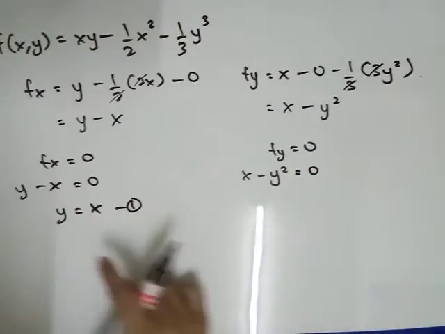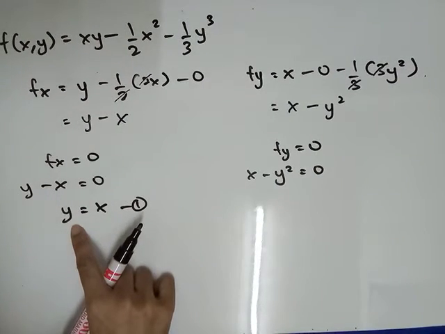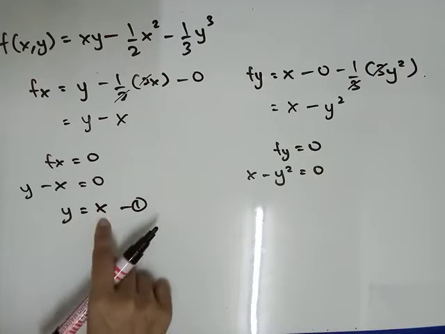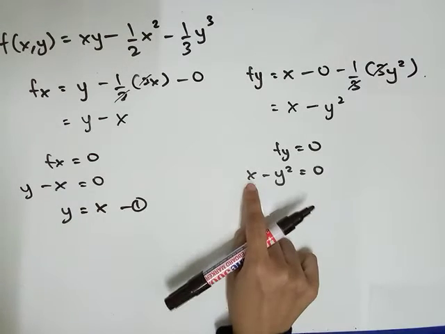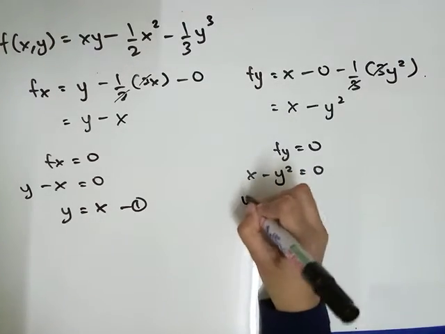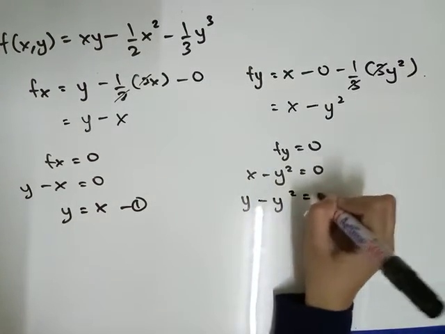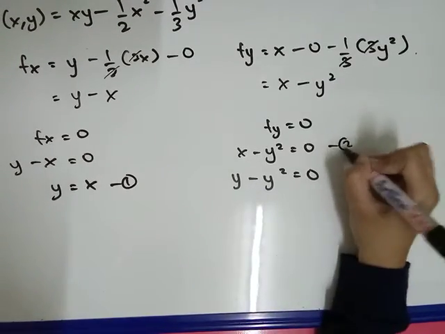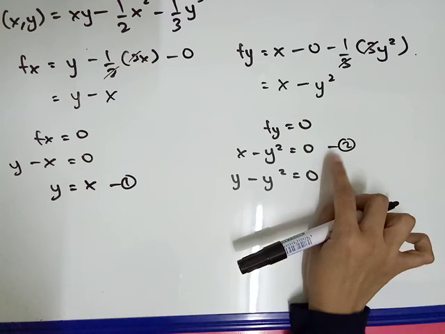We know that y equals to x. So x equals to y, substitute y into x. So it is y minus y square equal to 0. This is the second equation, substituting the first into the second equation.